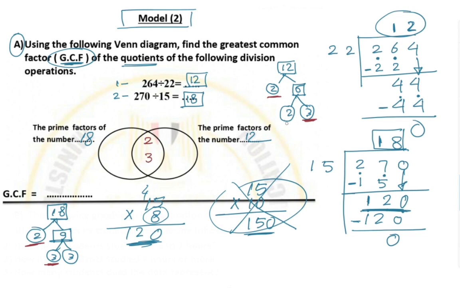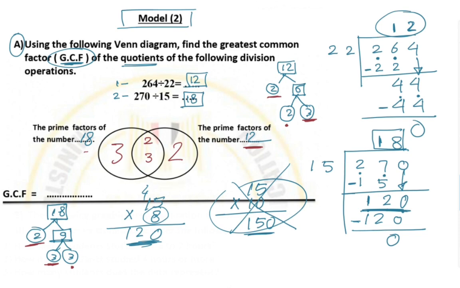But we have here 2 and 3, which are not common factors between 12 and 18. So this circle for 12, what factor is here? We have 2 here. And here we have 3. Write 3 in the circle of 18.